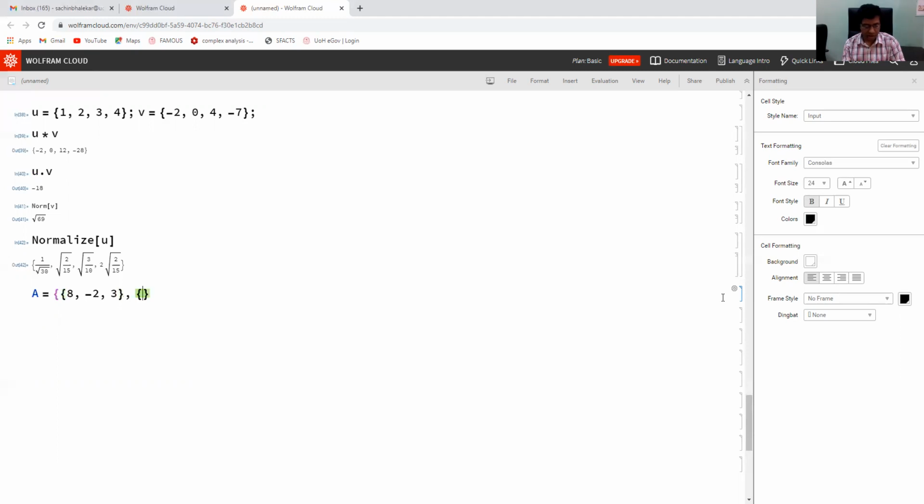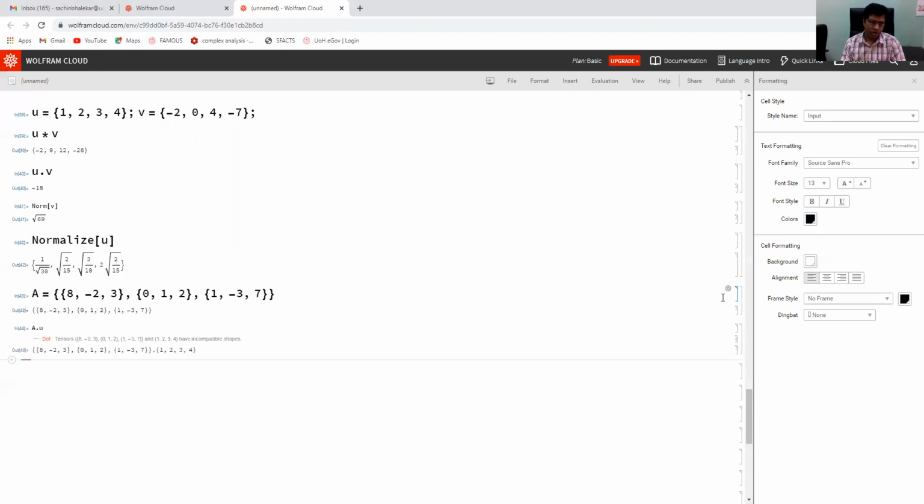Second row is again a list: 0, 1, 2. Third is 1, -3, 7. This is matrix A. Now let us find A into u. So we use A dot u.